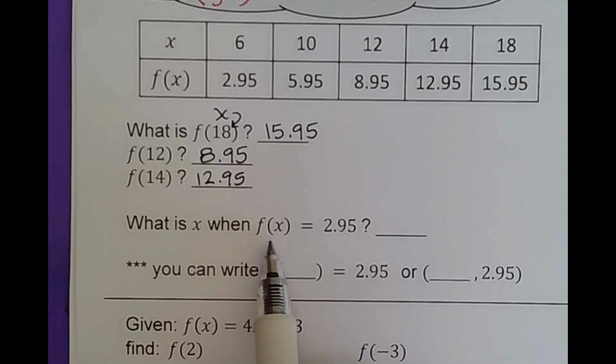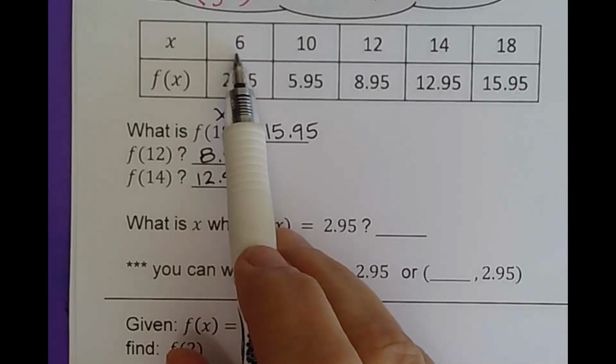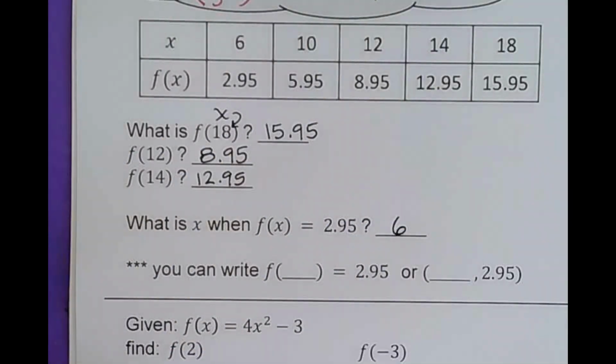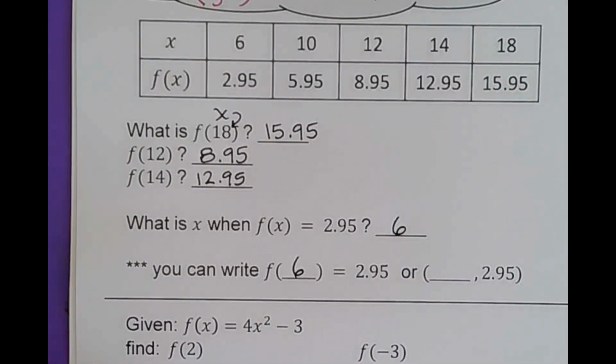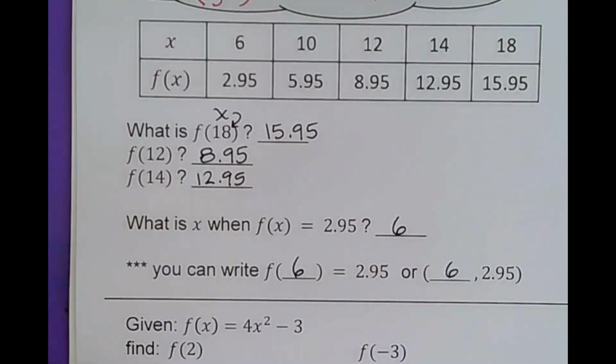So now I go to where f of x is 2.95, and x there is 6. So I could write that f of 6 is 2.95. Or I could write this as a point, (6, 2.95). Because again, f of x is the y.